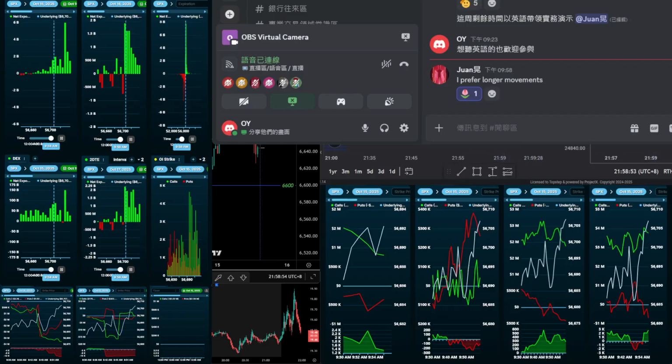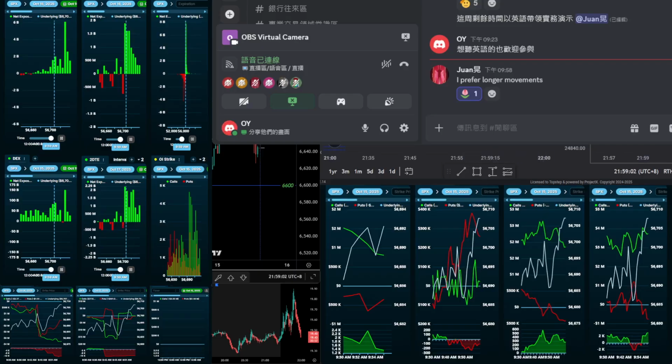Then, if you have a longer movement, that equals to you having a situation you need to face, which is you need to wait for time to tell you where the bias is in the market in every single hour, or let's say 10 minutes. Why?